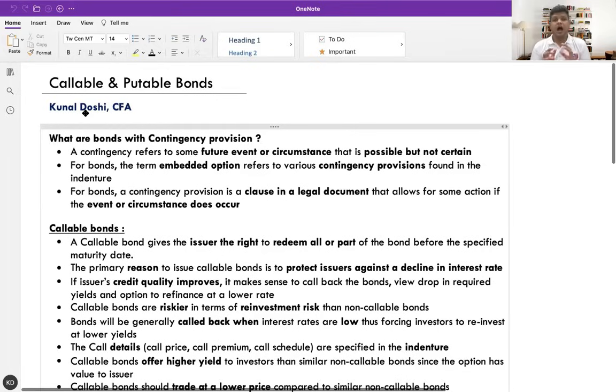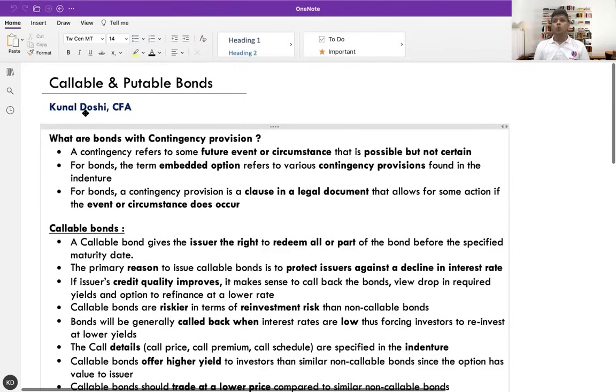Now, these are contingency provisions which are attached to a bond. Why do I say contingency? Because options are contingent. They can be exercised or they cannot be exercised. So they are not sure whether they will be executed or not.